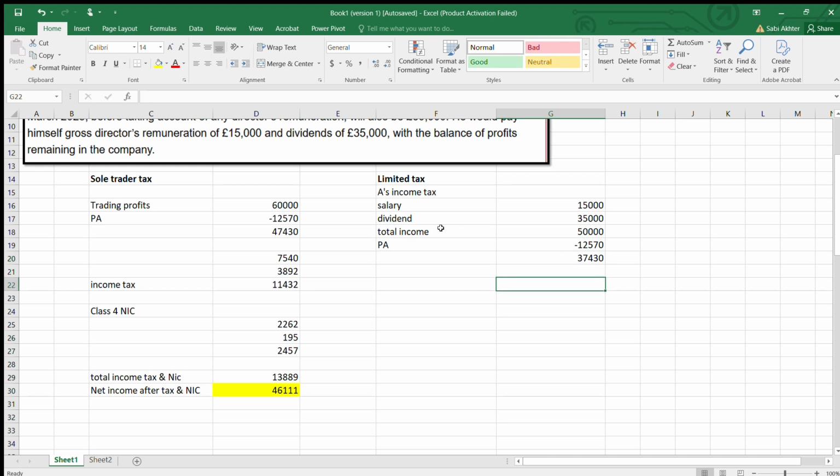Is it? No, this time you have dividend. This will be charged differently, and this salary. Remember, when we are deducting the personal allowance, this is deducted from salary, which is your non-savings. So now from here we are going to deduct the personal allowance and take at basic rate 20%.